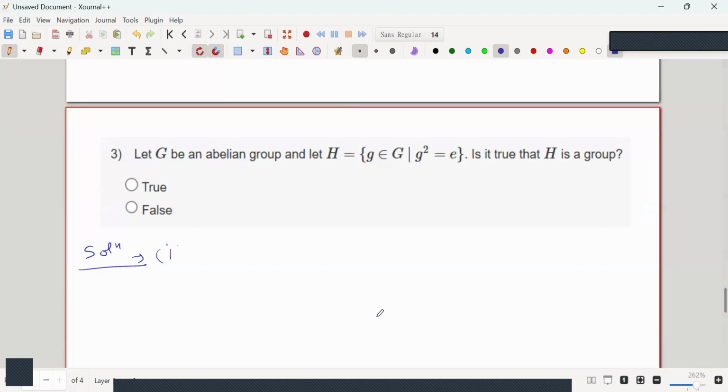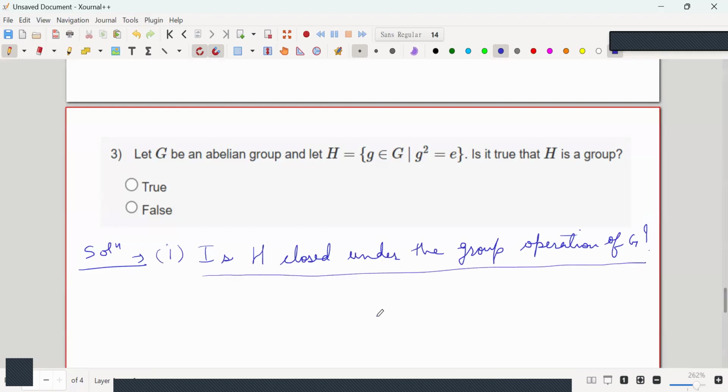So first, is H closed under the group operation of G? This is the first question. Now we will answer this. This has already been answered if you observe the previous questions.